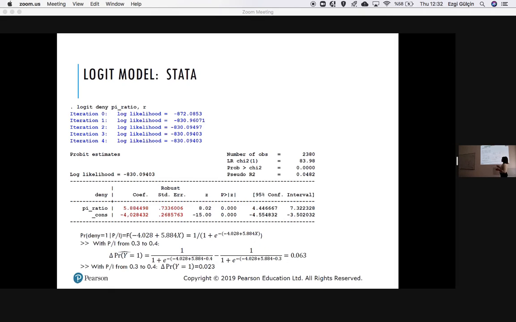So by increasing the payment to income ratio from 0.3 to 0.4, the effect on the predicted probability of being denied is 6%. So the probability of being denied increases by 6.3 percentage points. So this is the interpretation that we assign.